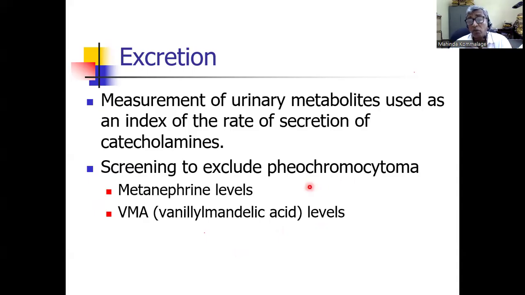There's a condition called pheochromocytoma, I will explain later, where the adrenal gland is activated and produces more adrenaline. In pheochromocytoma, we can detect high levels of these substances in the urine, and that will help to diagnose the pheochromocytoma.